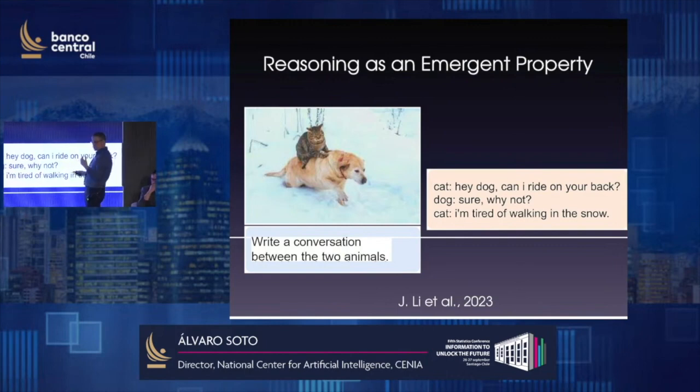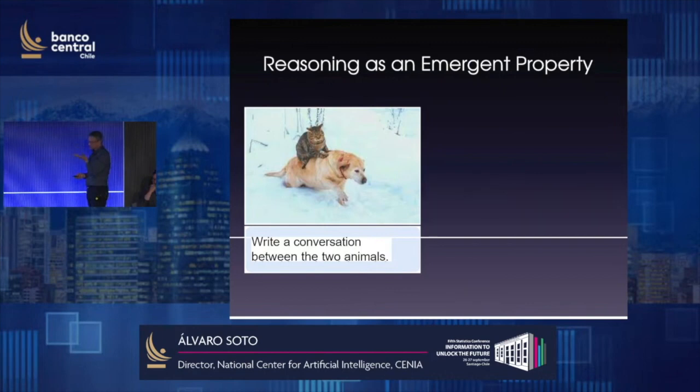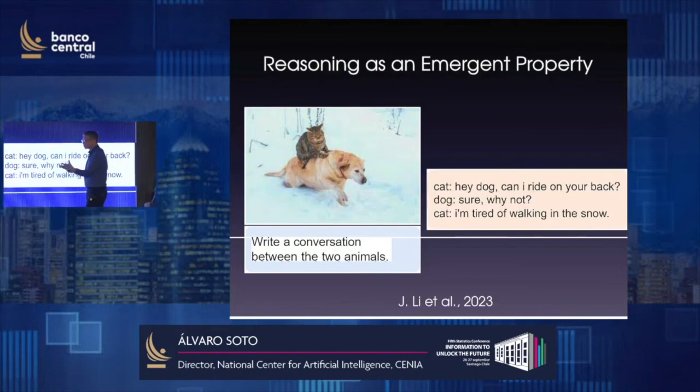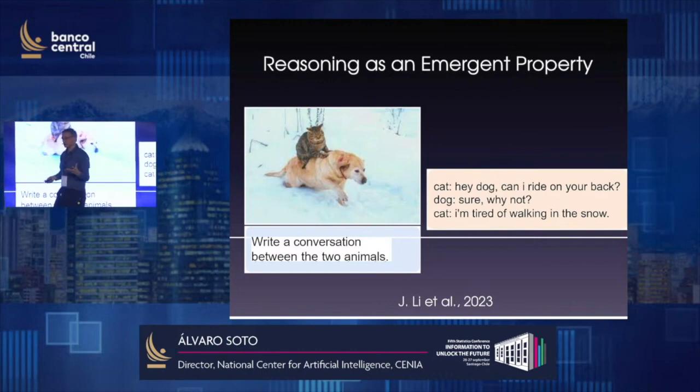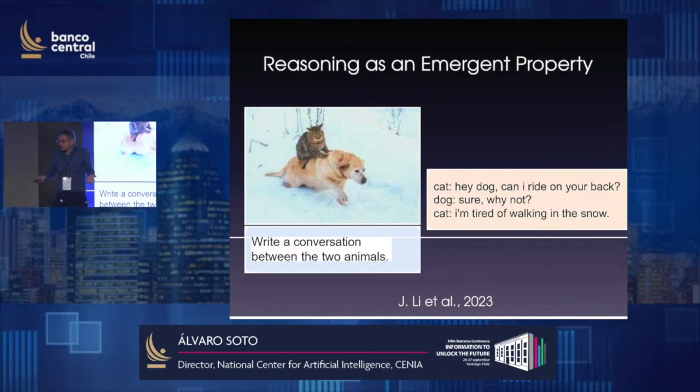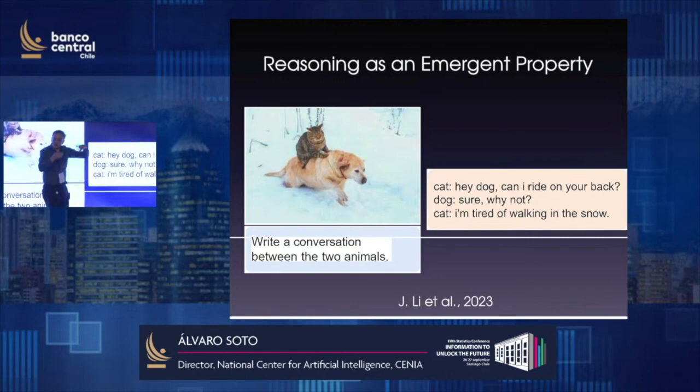So there's a lot of understanding of what happened in that image, and it's somewhere inside this model, because it's able to output this. It knows it's not good to walk in the snow, and that one gets tired when walking in the snow. Look at this: when I am on top of the car, I'm not walking in the snow.